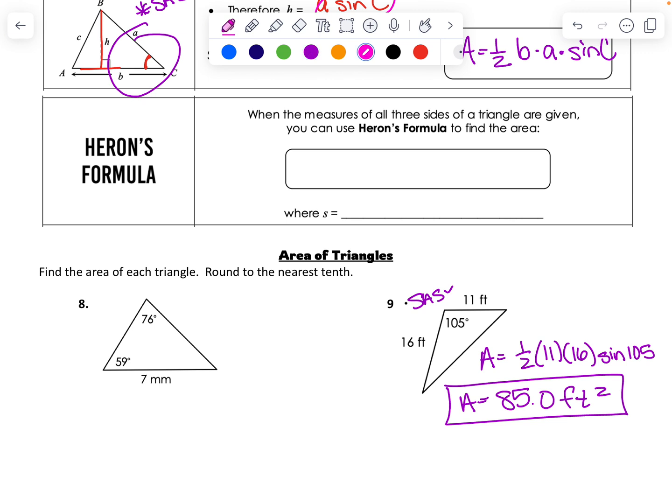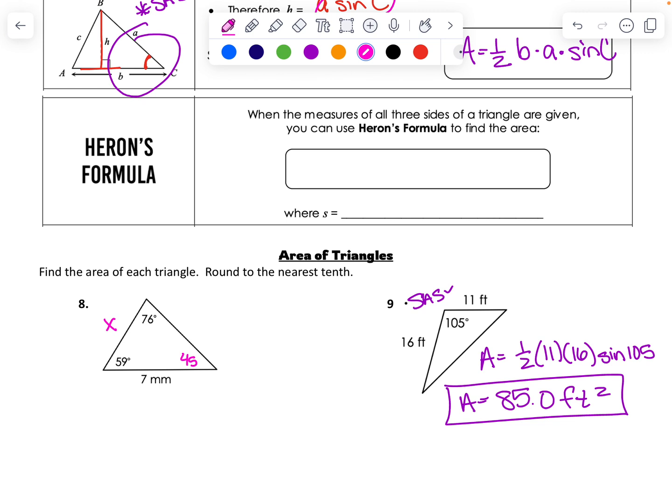So now if we look at this one, we want to think about what's the information that I have. Well, I need a side angle side relationship. I've already got a side and an angle here, which means that I want to be able to solve for that side of x, because then I'll have my side angle side. Knowing that, I can find this missing angle of 45 and I can solve for x using law of sines, because I know an angle and its opposite side.